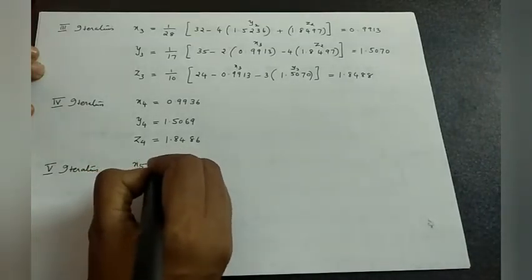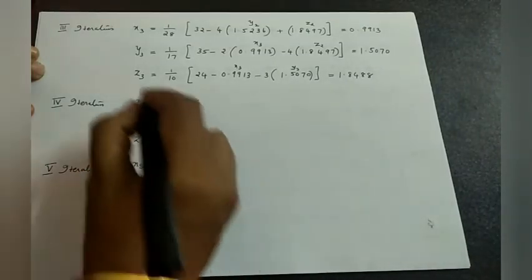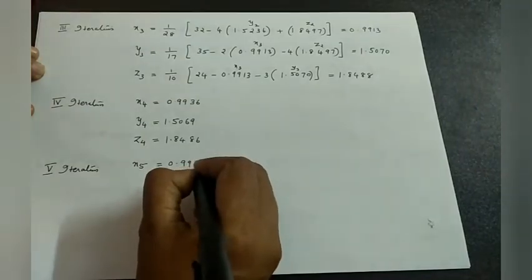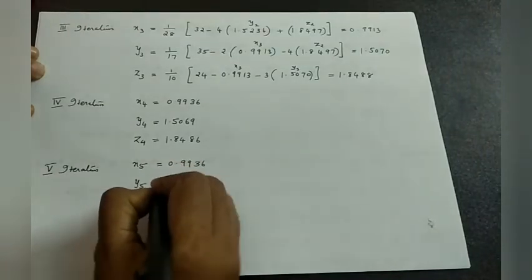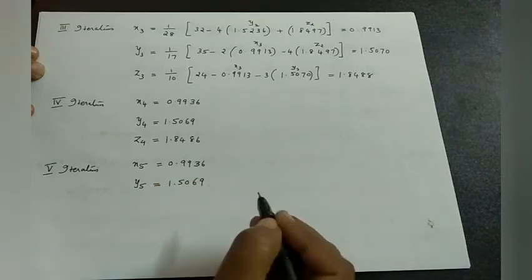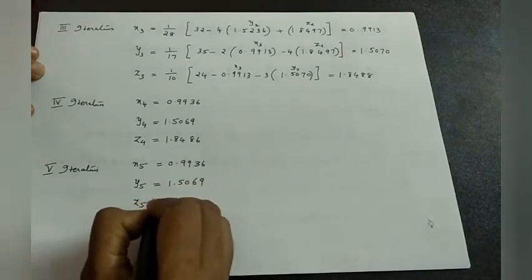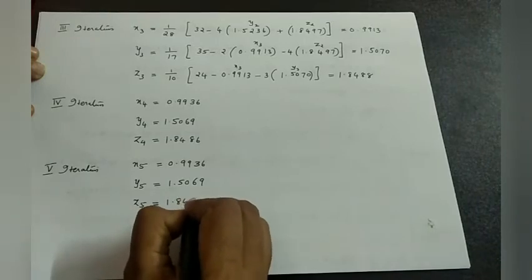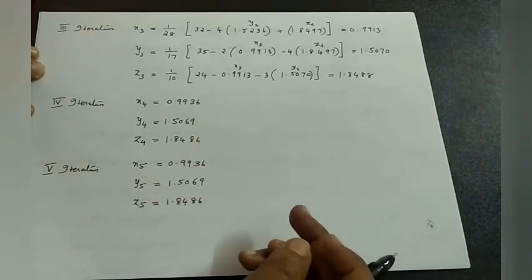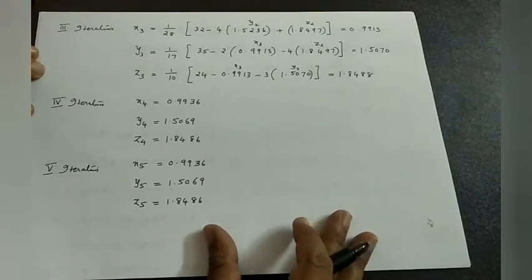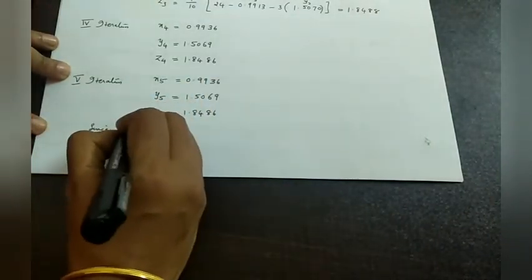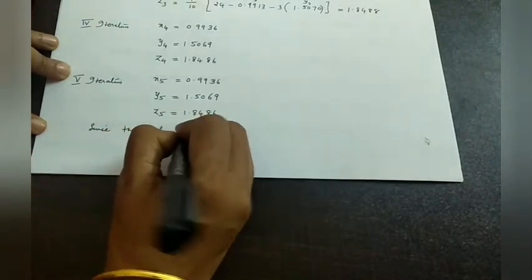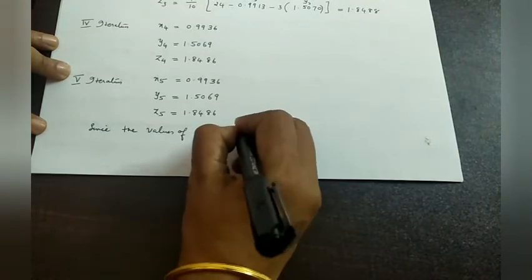In the fifth iteration we get the same as the fourth iteration, that is 0.9936. Therefore, it is accurate for 4 decimal places, and y5 will be 1.5069 and z5 is 1.8486. Okay, therefore here we can stop, since the values of the fourth and fifth iterations are the same.